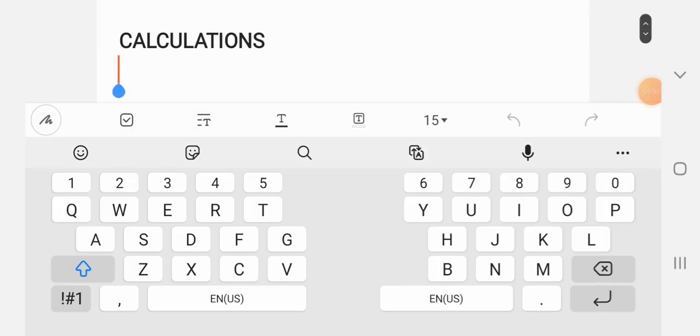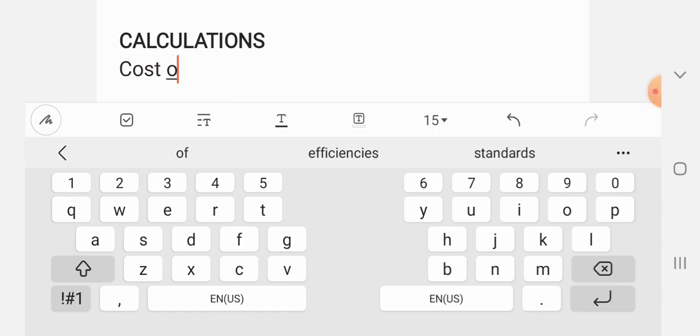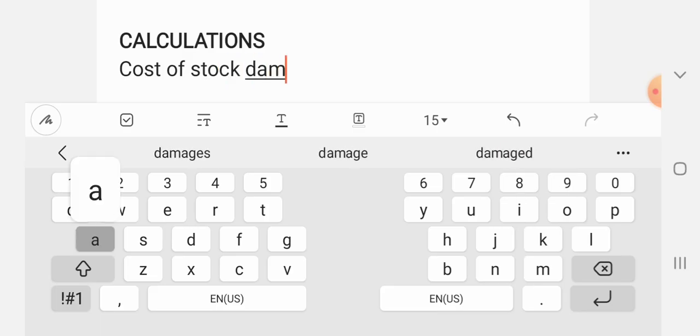So we're going to be busy with calculations. This is cost of stock damaged.